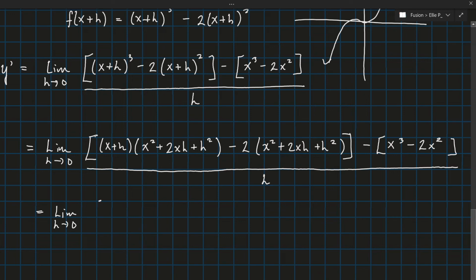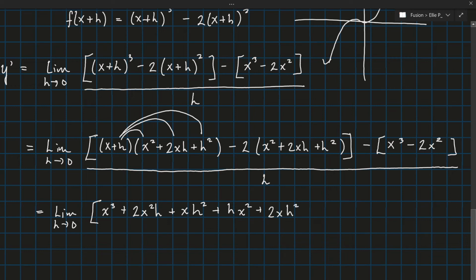We'll get x cubed plus 2x squared h plus x h squared plus h x squared plus 2x h squared plus h cubed.